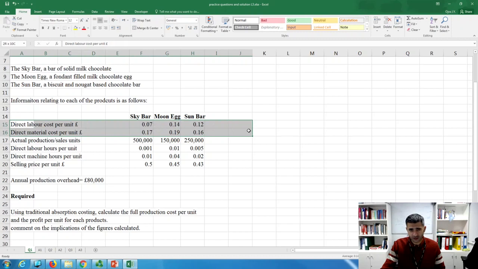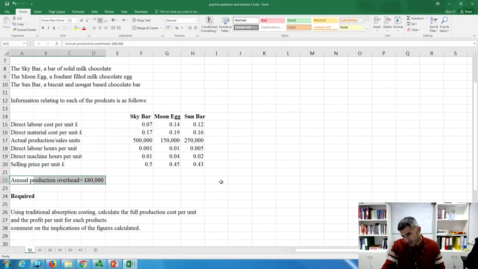We have no issues here with direct labor cost per unit, direct machine cost per unit, material cost per unit. The question mentioned these, but our issue is with the overhead, the £80,000. The question asks you to calculate the full production cost per unit and the profit per unit for each product line.